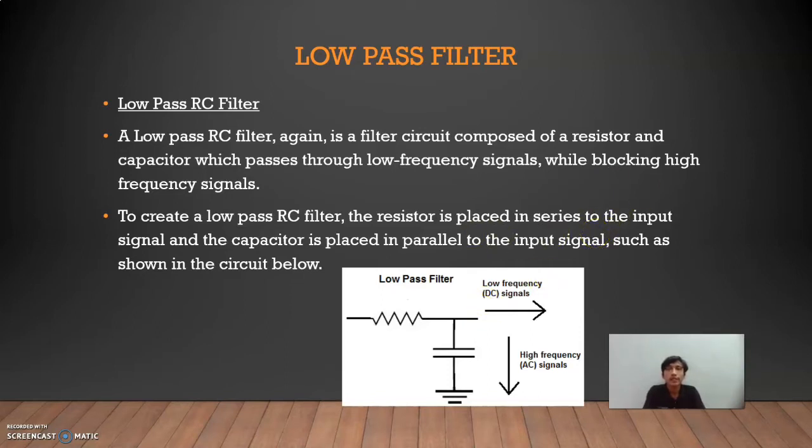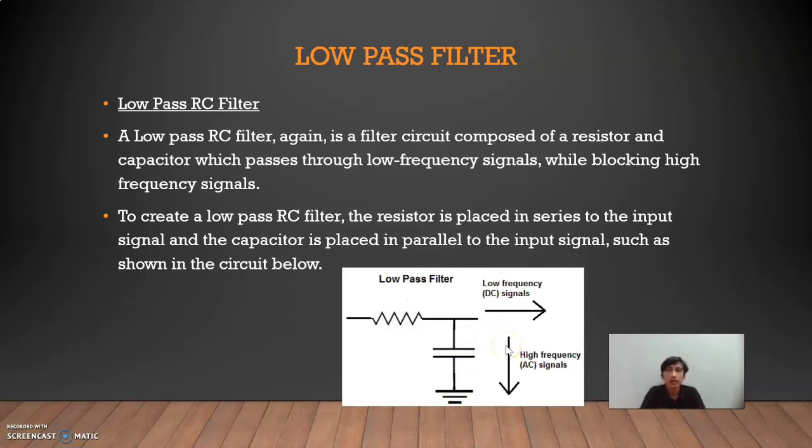High frequency signals will go through the capacitor since the capacitor offers them a very low resistance path. So high frequency will go through the capacitor because the capacitor has a low resistance, and go to the ground.